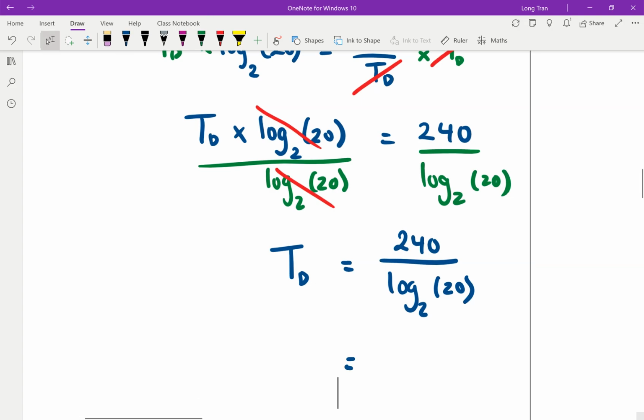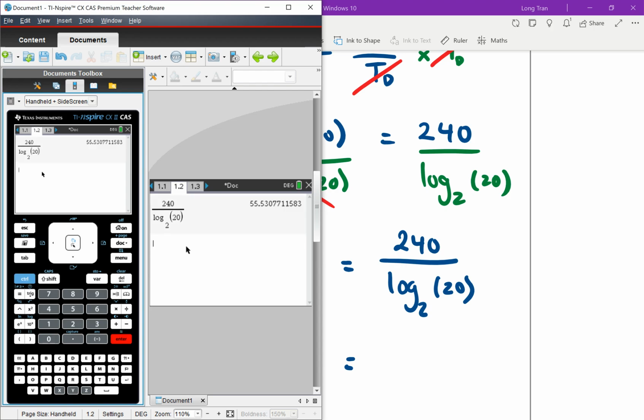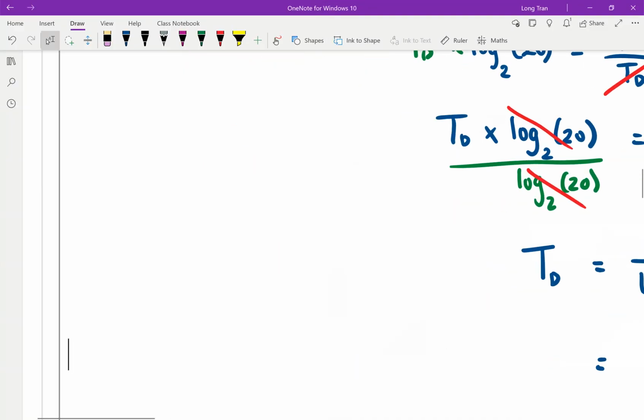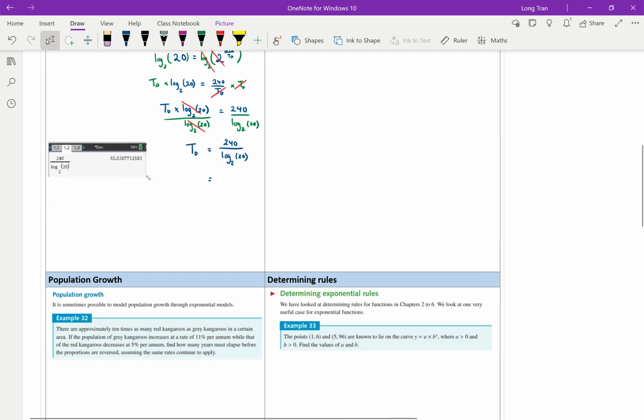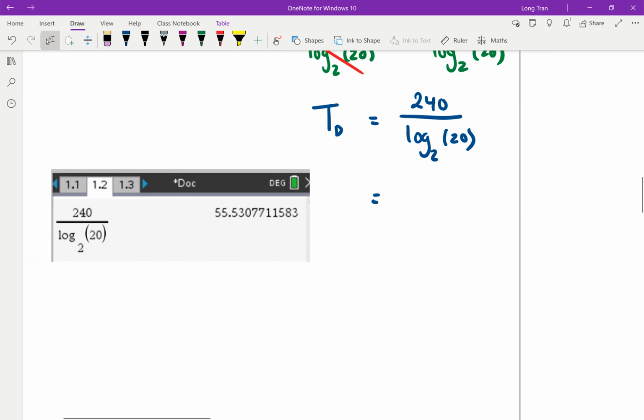Then you use your calculator to calculate what this equals approximately. I'm going to go to my CAS and work this one out. Clear history. We've got 240 divided by log base 2 of 20, control enter, and that gives me 55.53, correct to 2 decimal places.